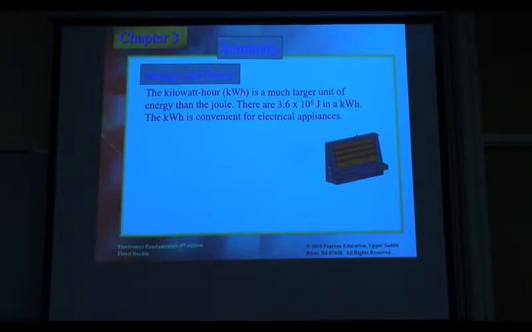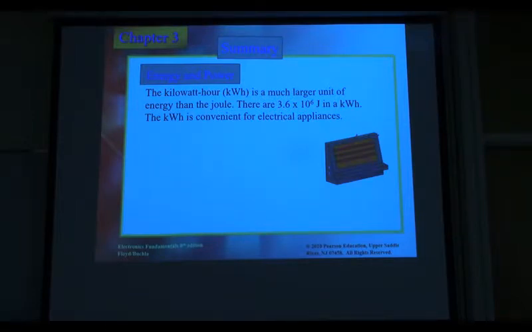And this one is 3,600 seconds. So this kilowatt hour is 3.6 million times larger than a joule. Make sense? One is 1,000 here, this one is 3.6 thousand, so that's 3.6 million times.